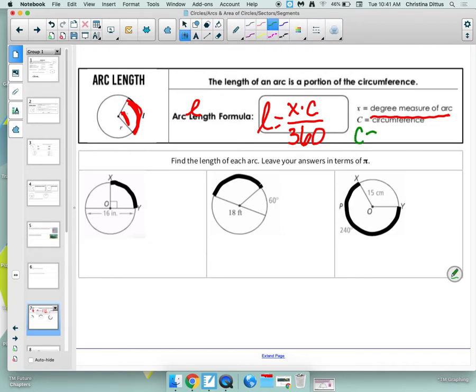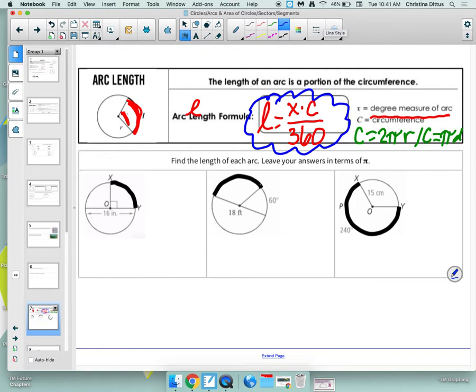Circumference depends on what you have. If you have a radius, 2 pi r. Other circumference formula, if you have your diameter, pi times d. Make sure you have a calculator so that you can do these little problems. We're going to leave answers in terms of pi though, so literally what we're doing in these three examples is just throwing it into this formula right there.